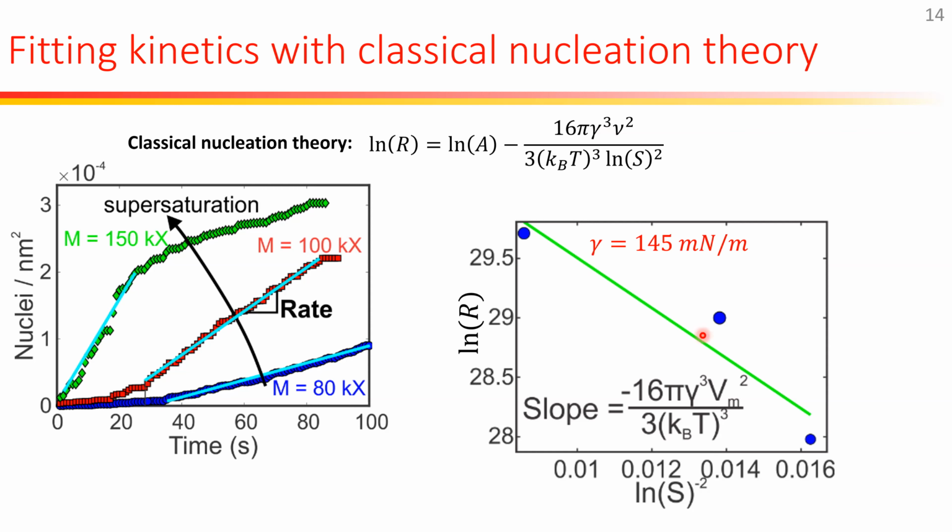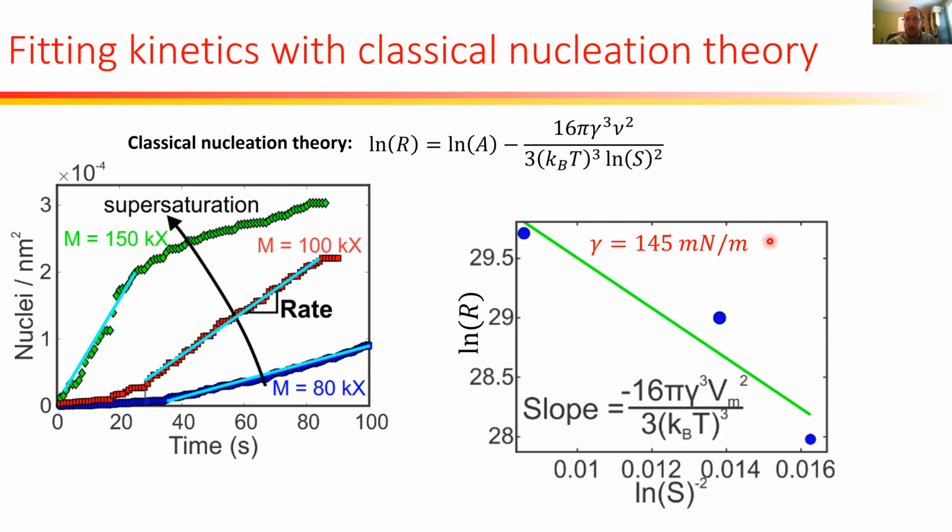When we fit these data, we find an interfacial energy of about 145 millinewtons per meter. There really is no literature value to compare this to, but we know that this is a reasonable value. Typically for nucleation at solid-liquid interfaces, you get something between about 50 and 200 millinewtons per meter.